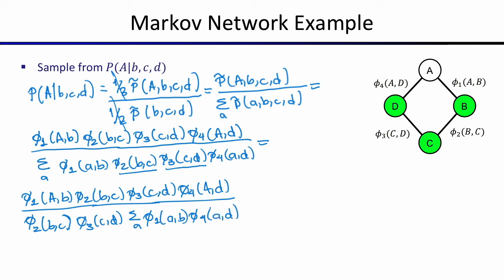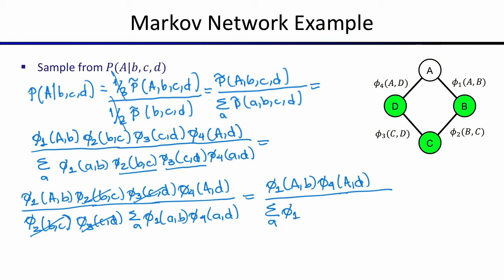Good. We can cancel this one, this one, this one, and this one, and what remains is phi1 AB, phi4 AD over what's going to be a normalizing constant that is over the same factors.